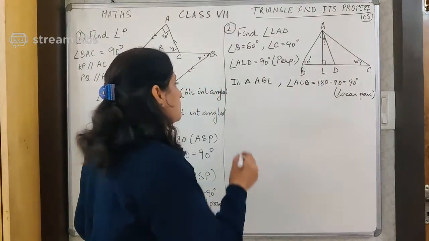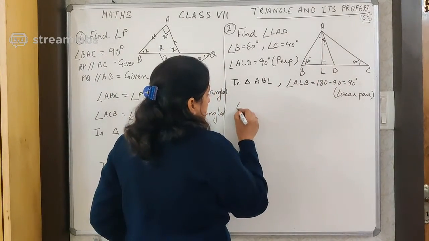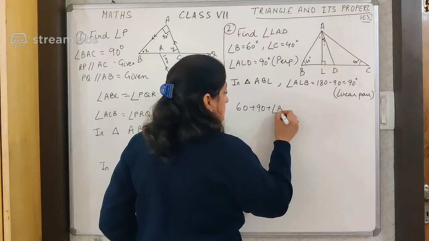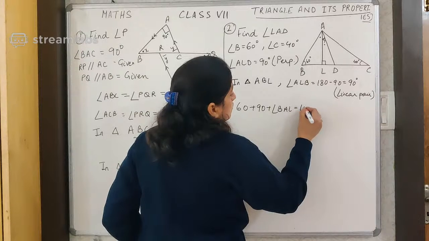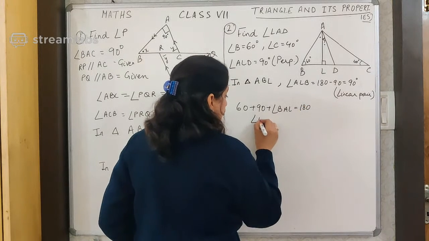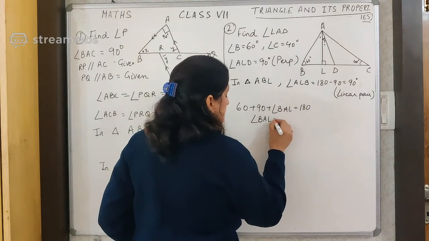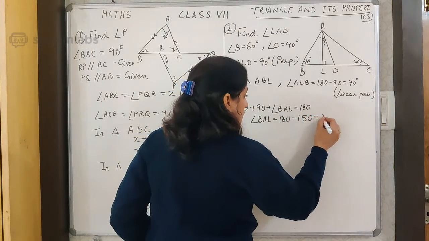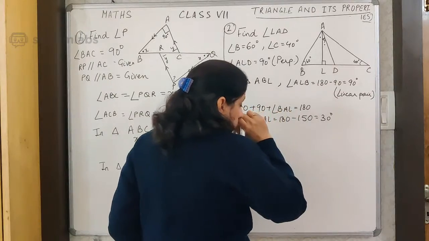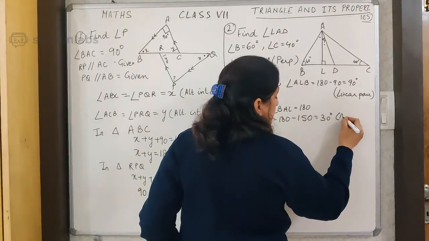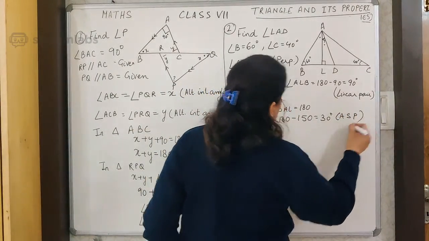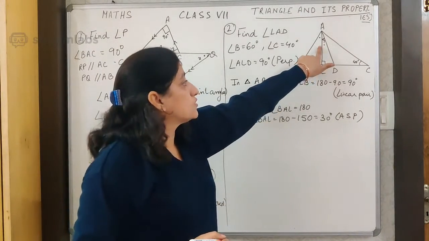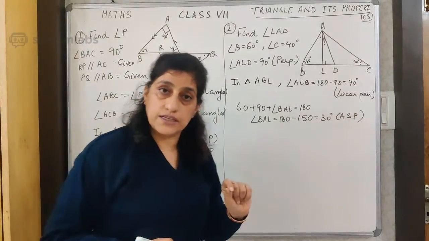I have to find angle BAL. 60 plus 90 plus angle BAL is equal to 180. We get this as 30 degrees because of the angle sum property. This is 60, this is 90. So this will be coming to 30.